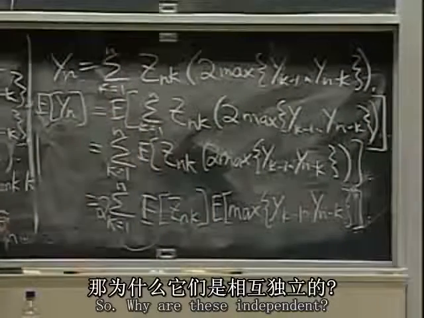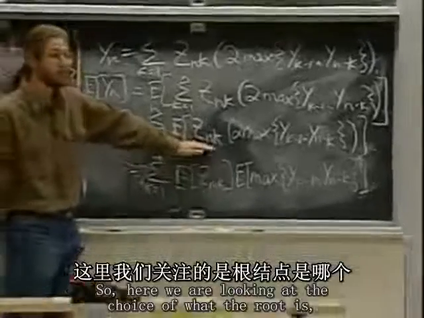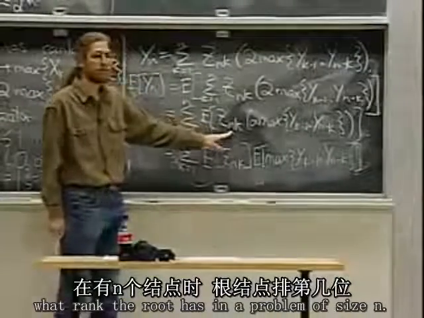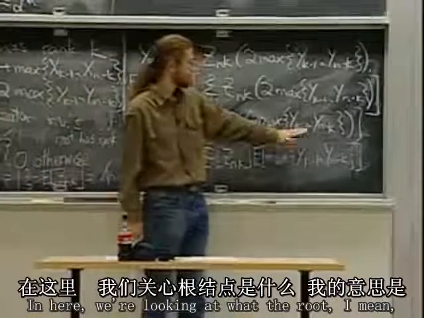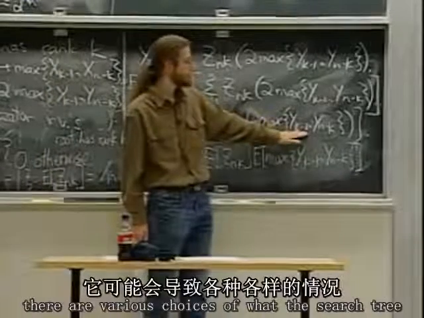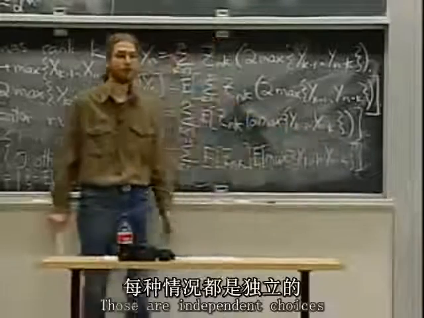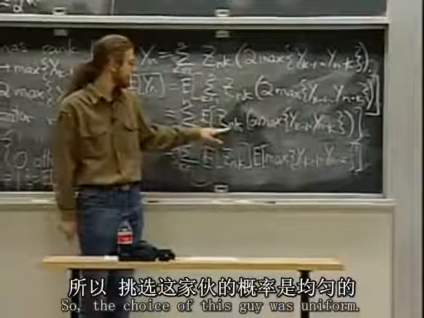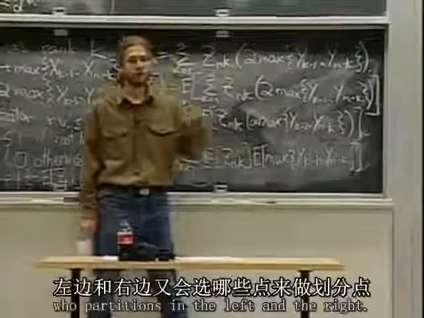So why are these independent? Here we're looking at the choice of what rank the root has in a problem of size n. In here, there are various choices of what the search tree looks like in the stuff left of the root and in the stuff right of the root. Those are independent choices because everything is uniform here. The choice of the root was uniform, and that determines who partitions into the left and the right.